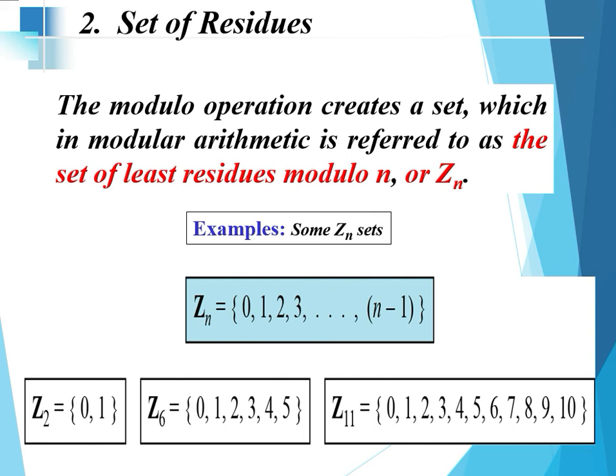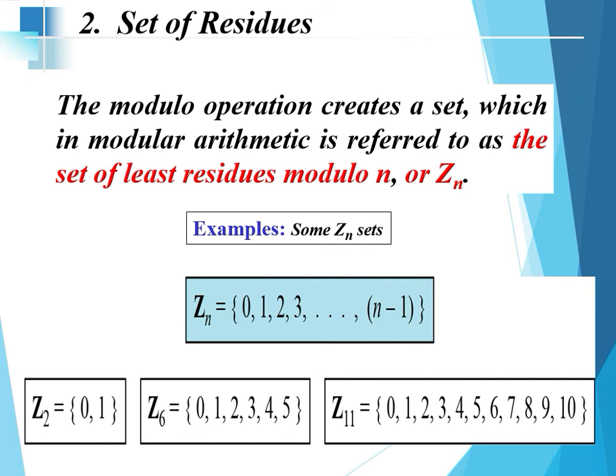So here is the set of residues. What is the set of residues? The result of a modulo operation with modulus n is always an integer between 0 and n minus 1. In other words, the result of a mod n is always a non-negative integer less than n.